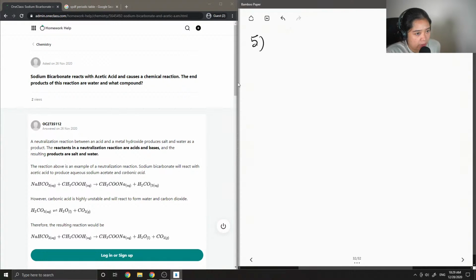So we have sodium bicarbonate, which is sodium and bicarbonate ion, plus acetic acid. So acetic acid has the following structure. And it causes a chemical reaction.